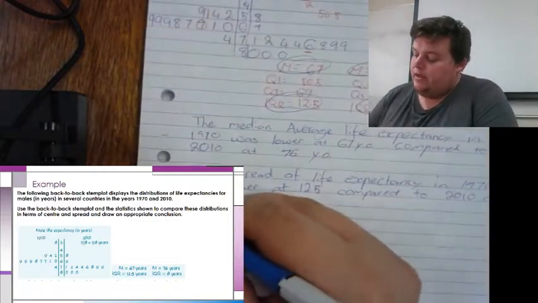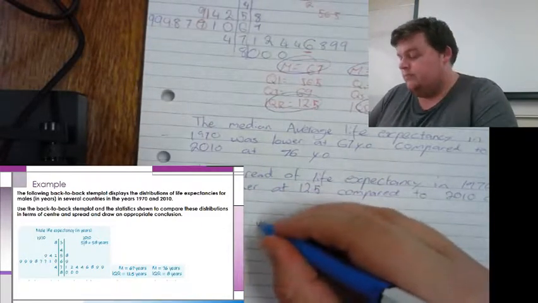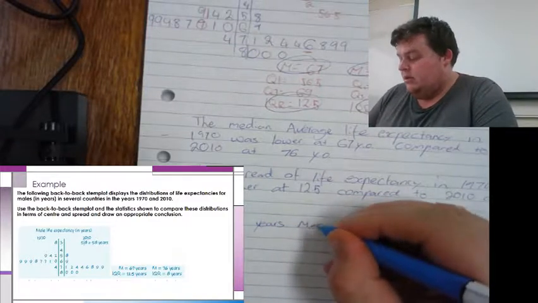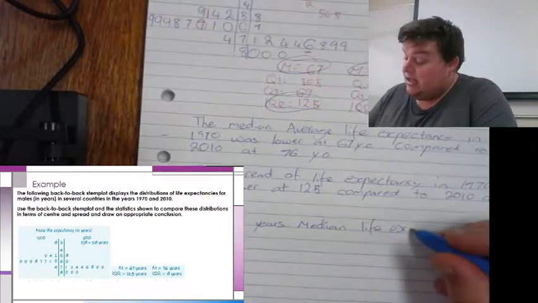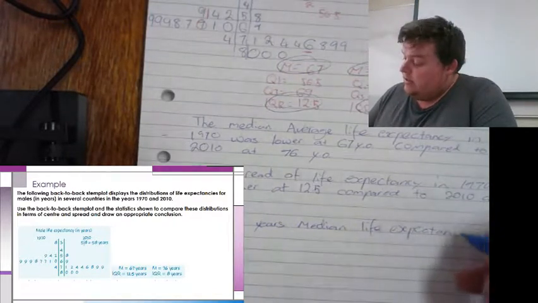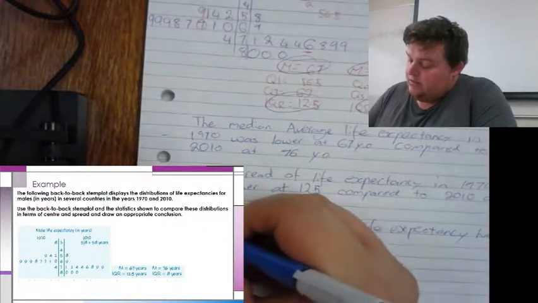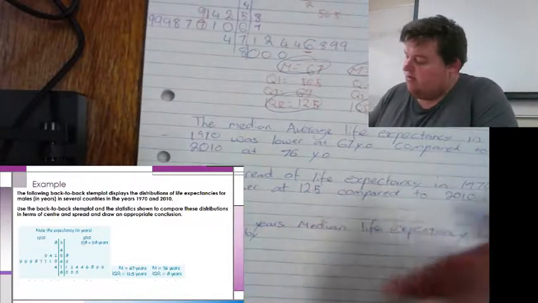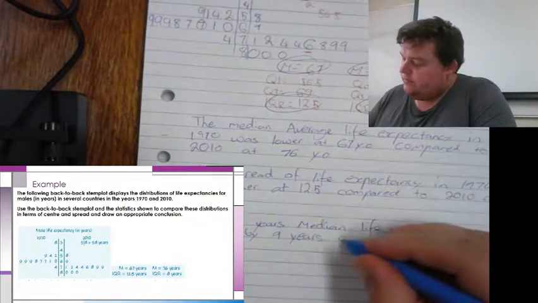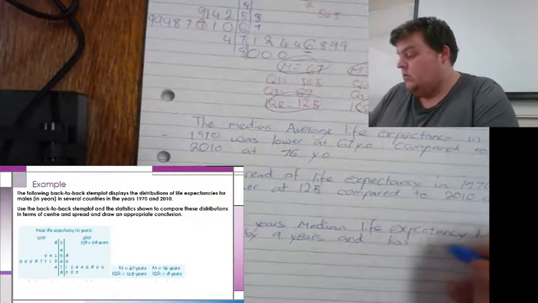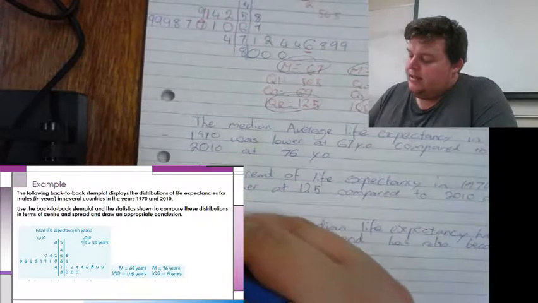So you could say over 40 years, median life expectancy, I can't speak either, median life expectancy has increased by 9 years and has also become less varied.